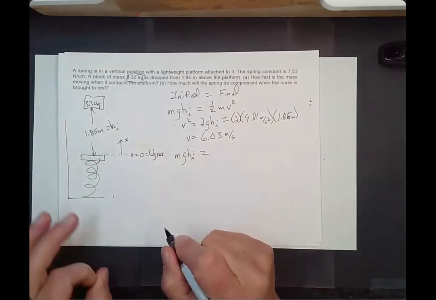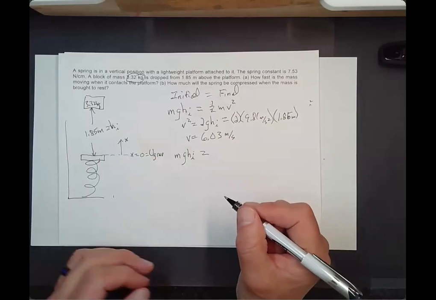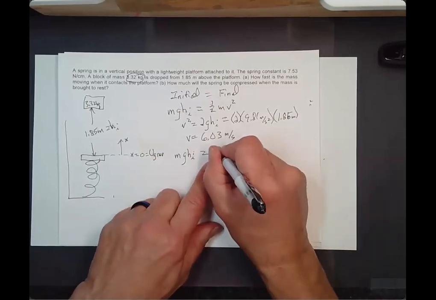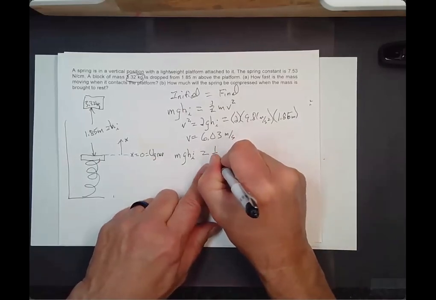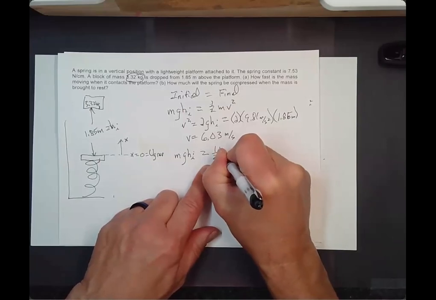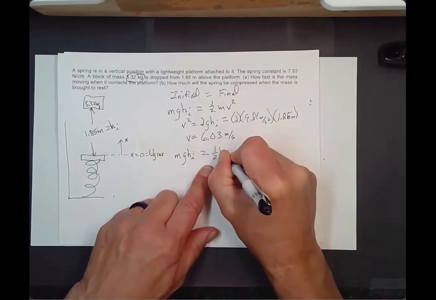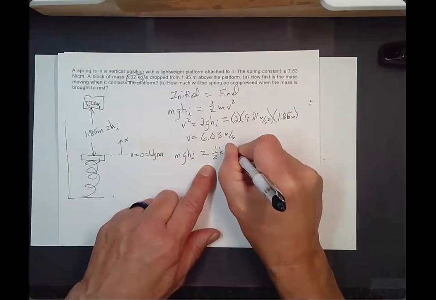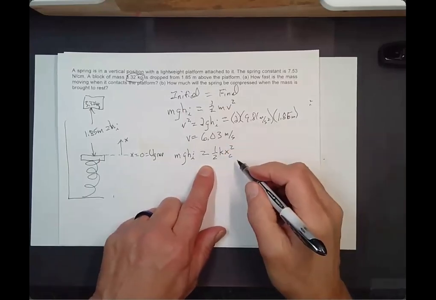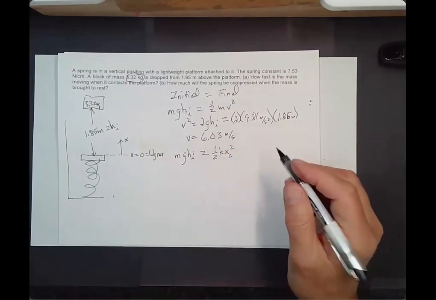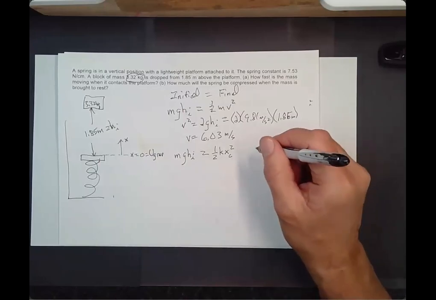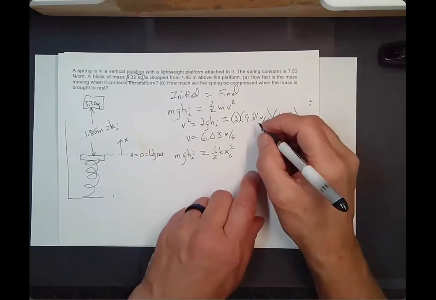we're going to compress the spring by some amount, x sub c maybe. So we'll have some spring potential energy, 1/2 k x sub c squared. But we're also going to have some negative gravitational potential energy.